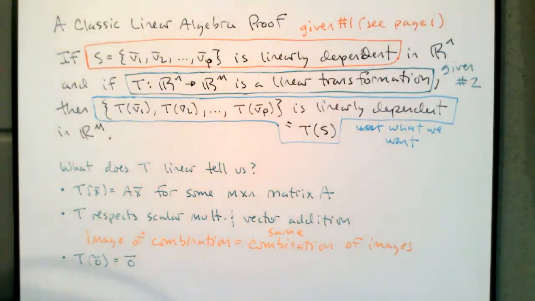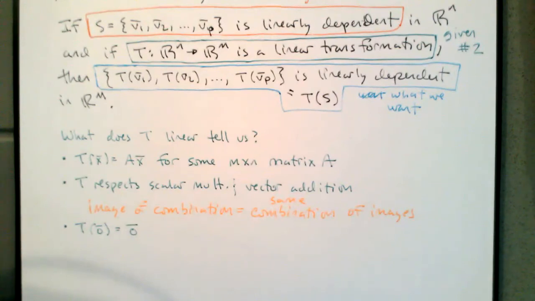We're trying to show that 1 and 2 imply 3. So what we're going to do is say one of the vectors in S is a linear combination of the others. When I take the image of that combination, I get that same combination of the images. Therefore, one of the images in T of S is a linear combination of the other vectors in T of S.